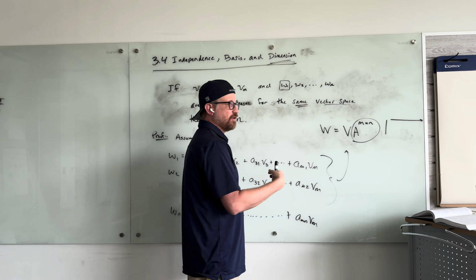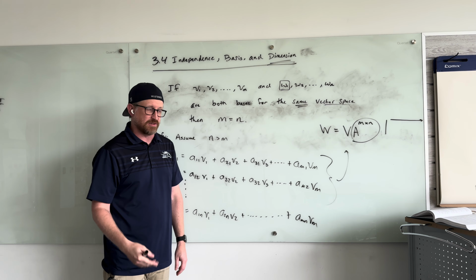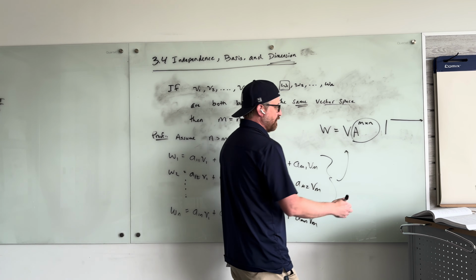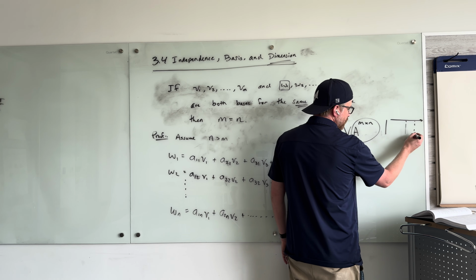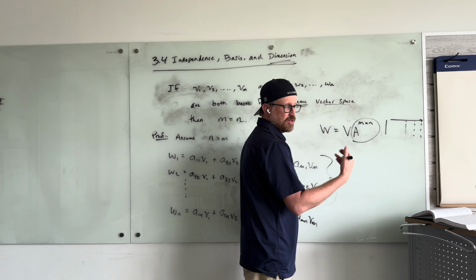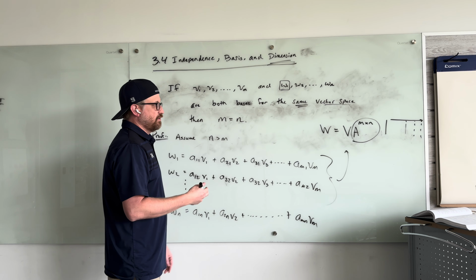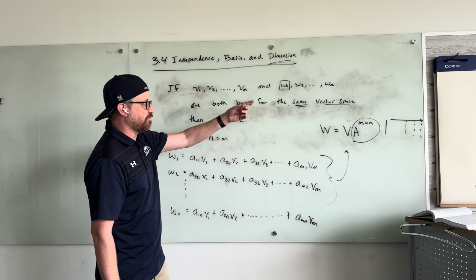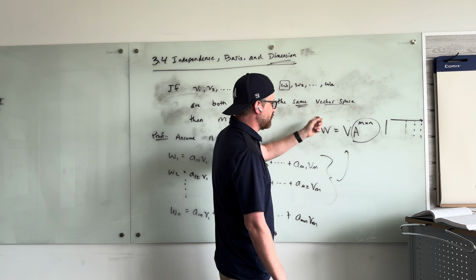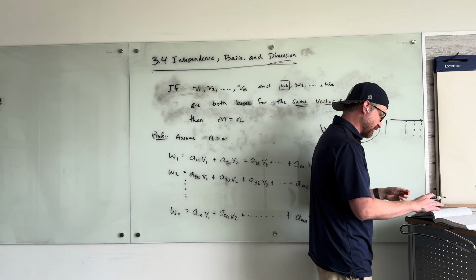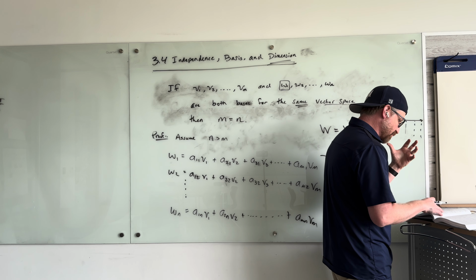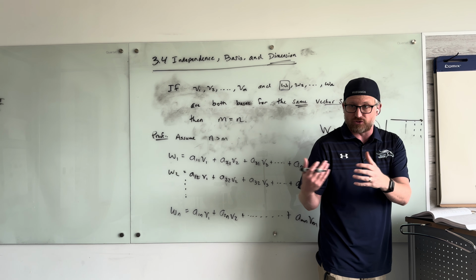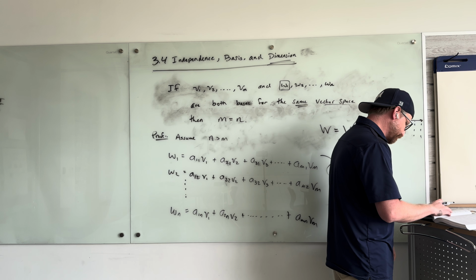And in the previous videos, when we were talking about this in terms of independence, if that's the case, then not every column is going to have a pivot in it. There are too many columns. That means there are free variables. It means that this can't be a basis because it's being formed by something that has more than just a 0 solution to AX is equal to 0.